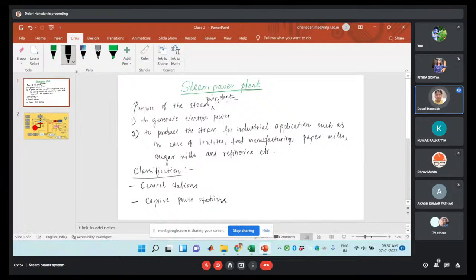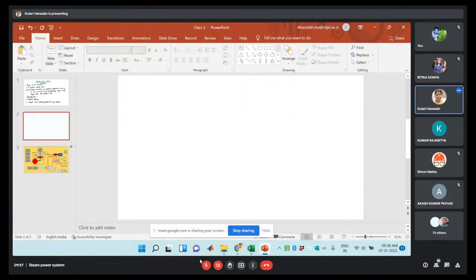So central stations and captive power stations, or we can say it is also known as the industrial power station. So the first one is your central station.